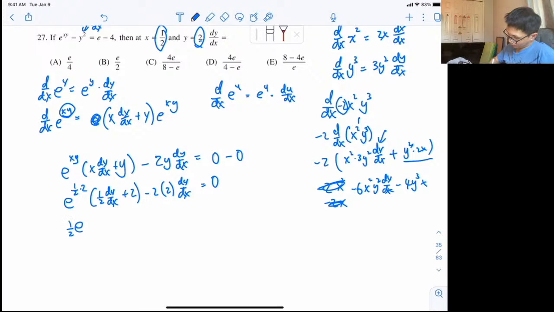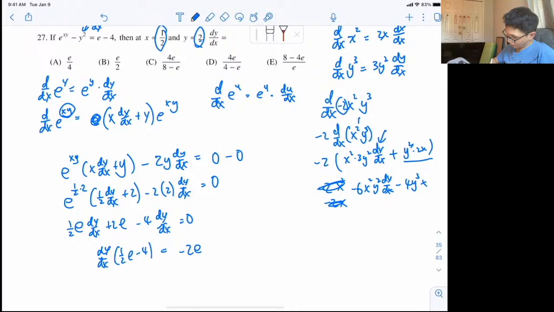I'm going to distribute dy/dx, and this is e, so it'll be plus 2e minus 4 dy/dx. Now I'm going to move 2e to the other side, so it'll be minus 2e. I'm going to factor out dy/dx on this side with 1/2 e minus 4. So dy/dx is equal to minus 2e over 1/2 e minus 4.